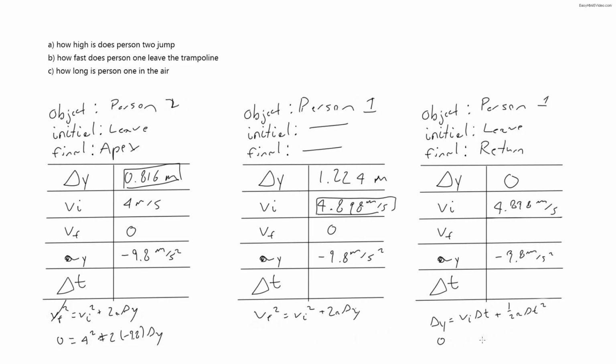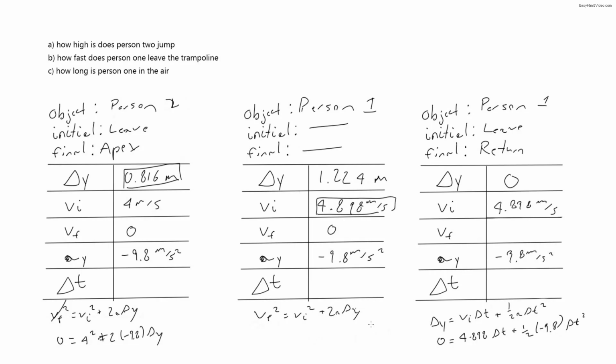And then if you plug in your values, you can see you get a quadratic equation. And solving the quadratic equation, you get two solutions. You can try this for yourself. You'll get delta t is 0. That makes sense. It's simply saying that you leave and return.